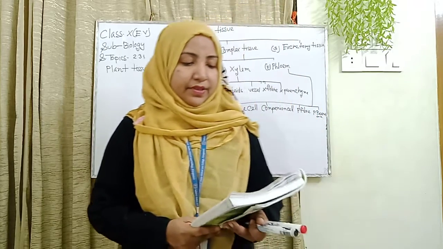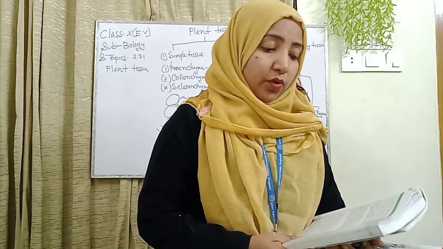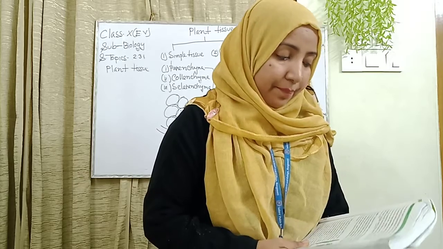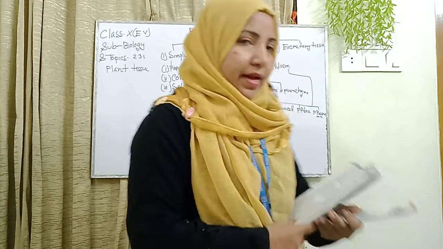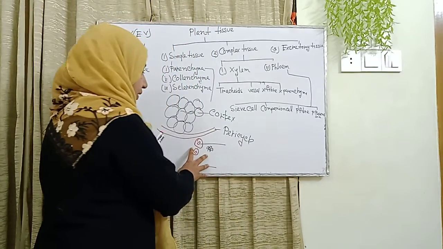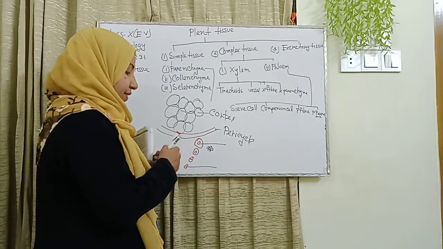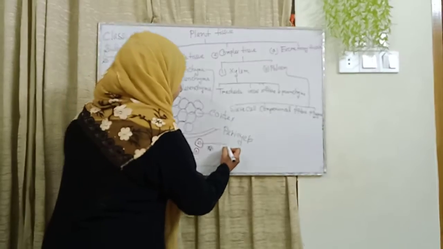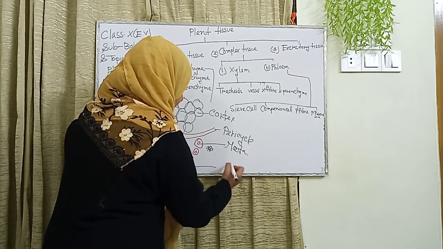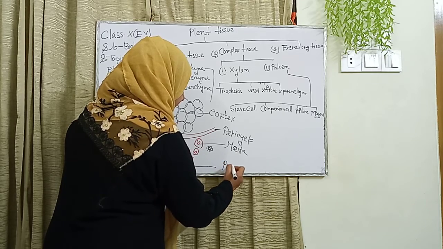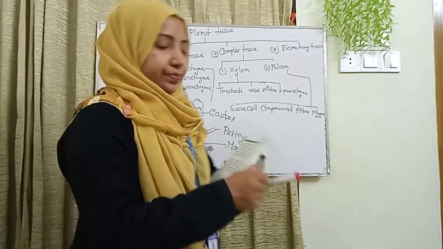Secondary xylem is the xylem grown during secondary growth from the vascular cambium. Primary xylem is of two types, protoxylem and metaxylem. Here I also draw the protoxylem and metaxylem. I just indicate this structure is metaxylem and this structure is the protoxylem.